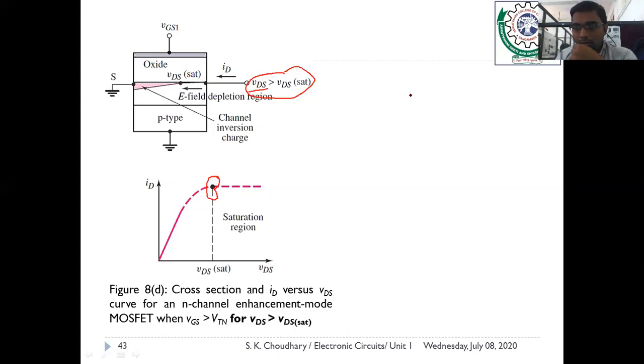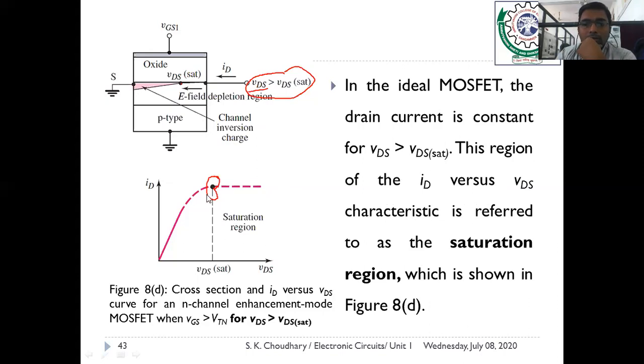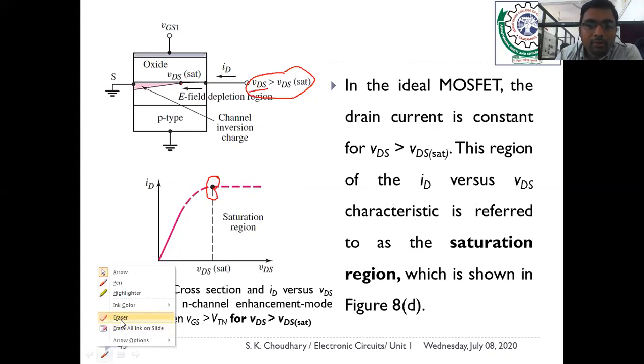Okay. Now we have to understand this concept with the help of this graph also. This is the point we have already discussed in the previous slide. Now, according to this situation, when VDS is greater than the saturation voltage, your drain current would become constant.